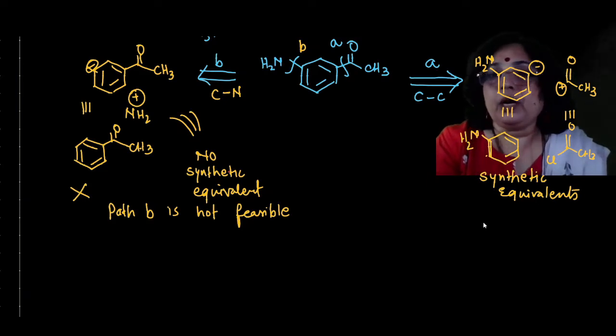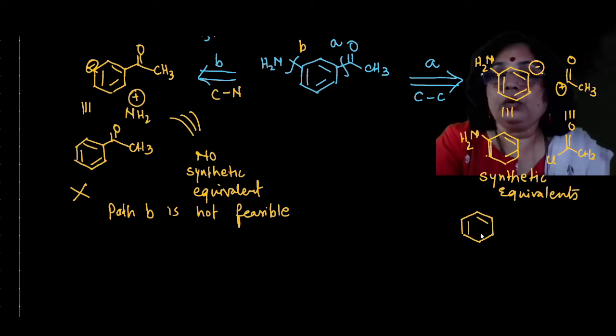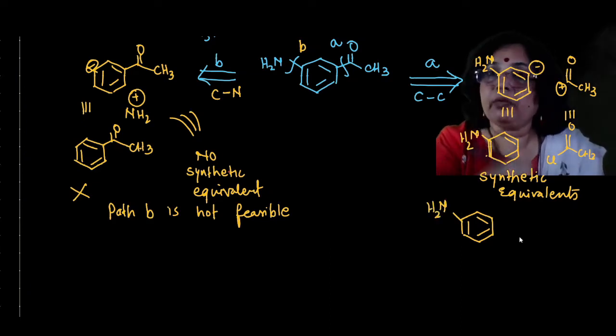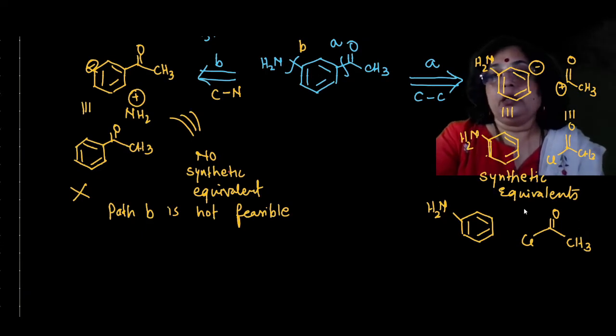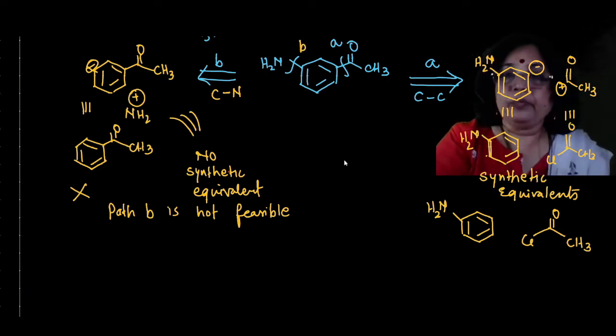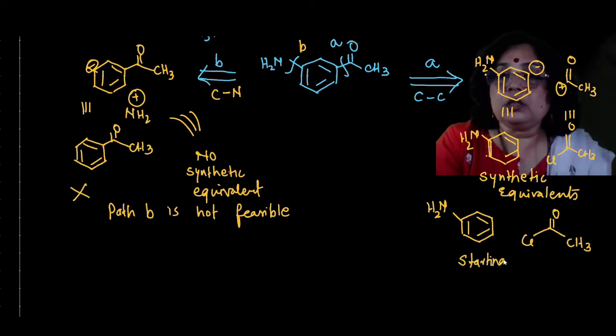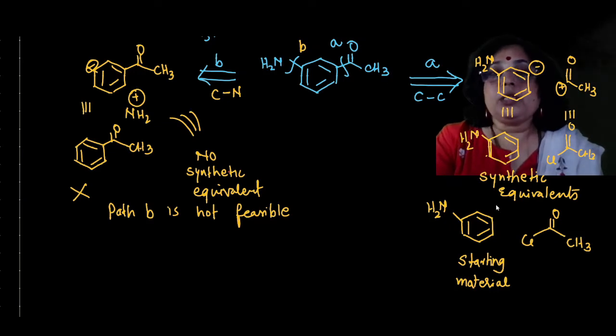Now what about the A path? Here we got aniline and acetyl chloride. Both are commercially available and they are very good synthetic equivalents. But the question arises: when we use this molecule as a starting material, what is our need?